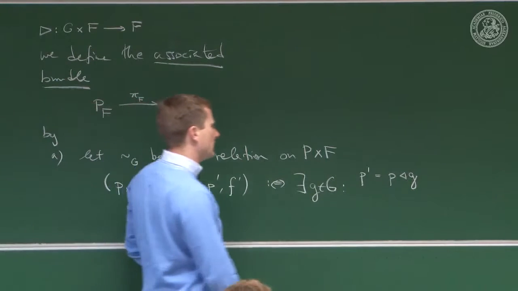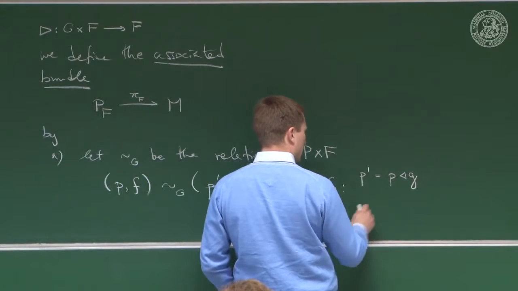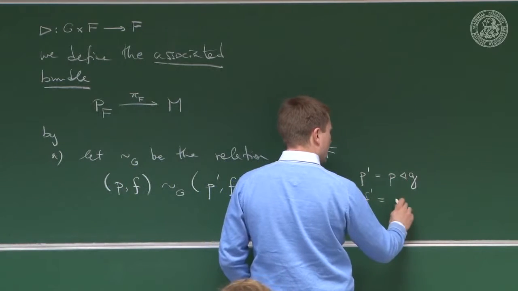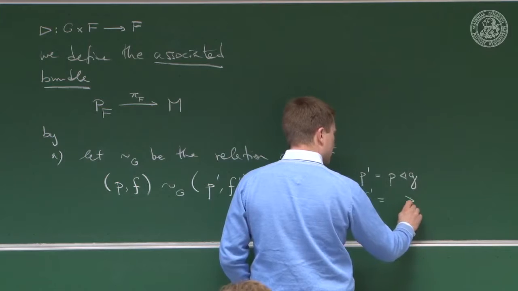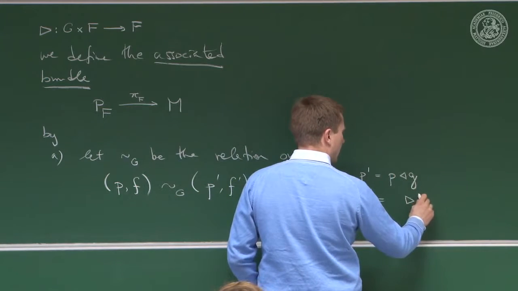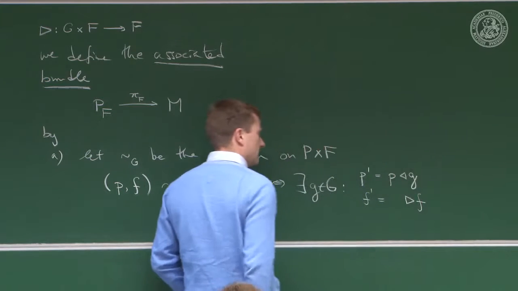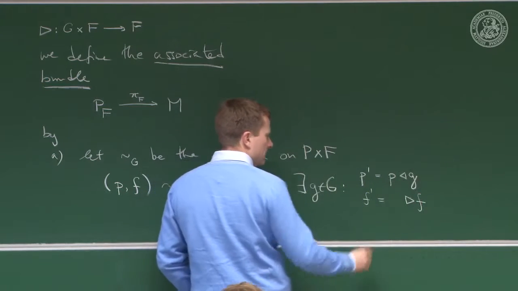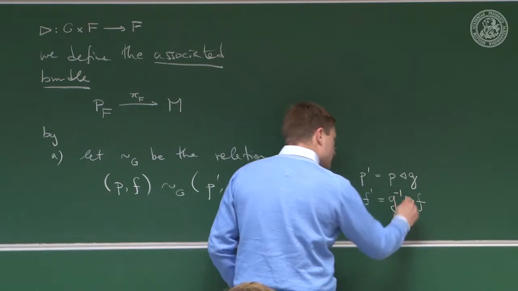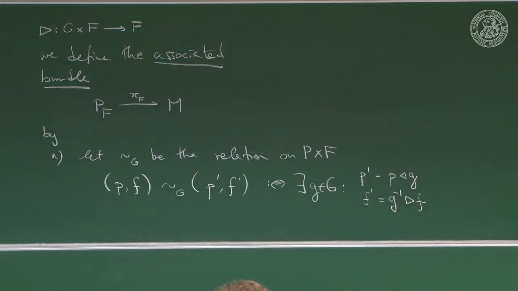We have a right action on the big bundle space. And the f', however, is a left action, so that goes the other direction. It's another map, acting on an element in this manifold F. But now we require that it's the g inverse acting on that.